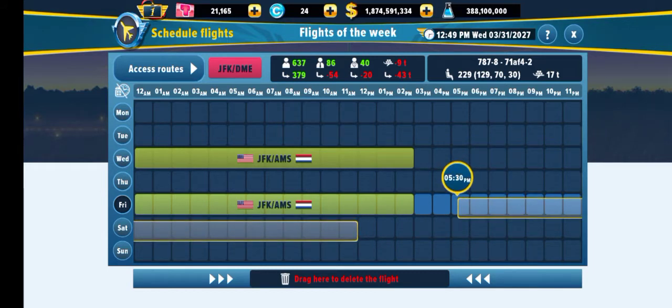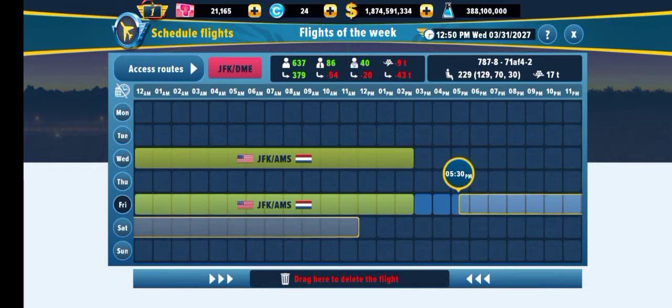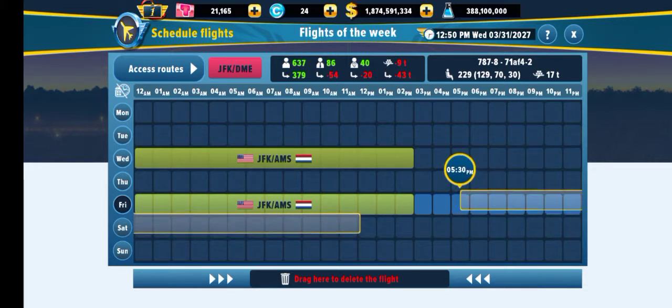Now, as you can see in this route, I have a lot of extra business and first class seats.